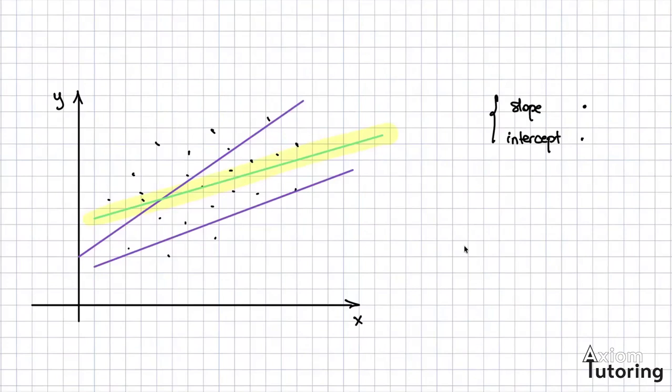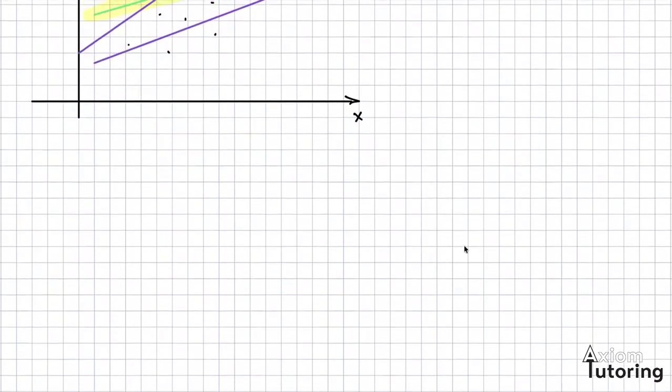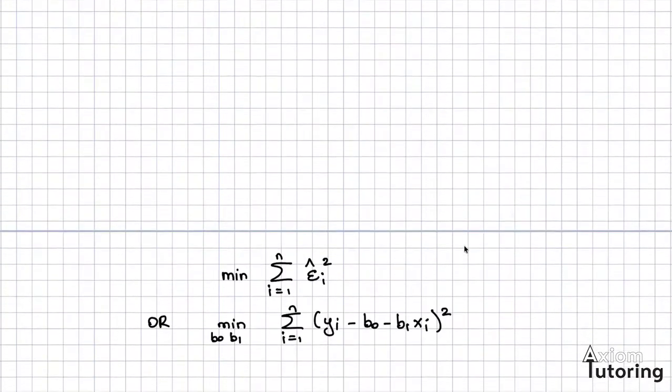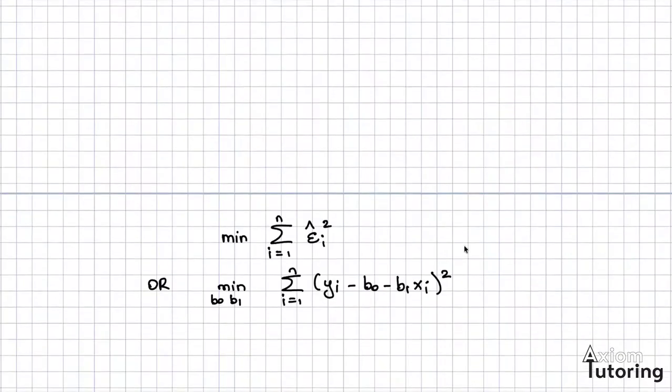Now, keep in mind, at this stage we have all of these candidates in here, and we don't yet know that the highlighted one is the best one. So let's see the process of getting to the part where we can say the highlighted one is the best one. The problem that we are going to solve is the minimization of the sum of the residuals squared.